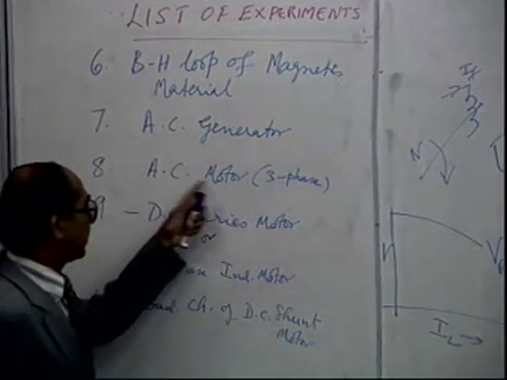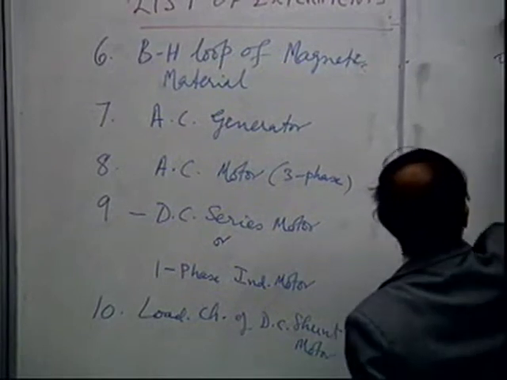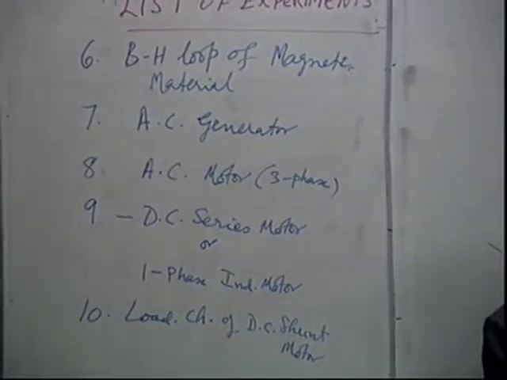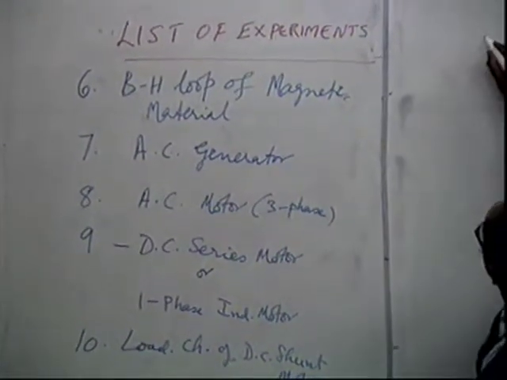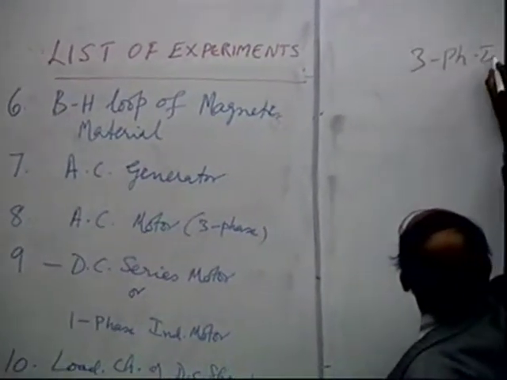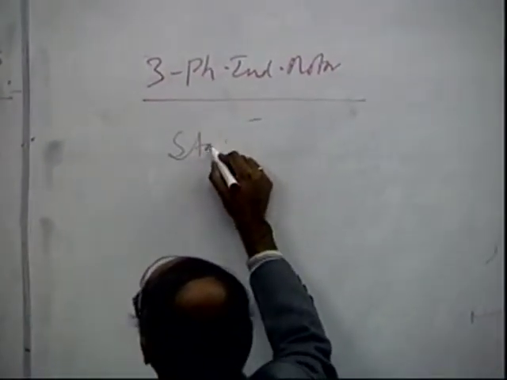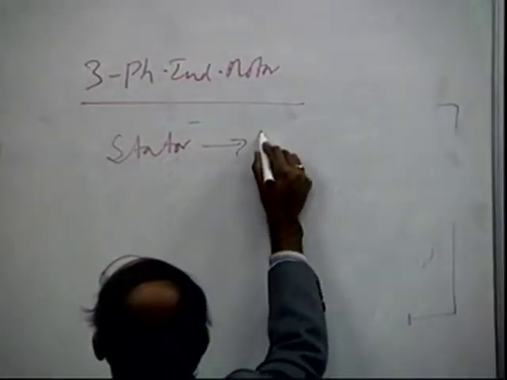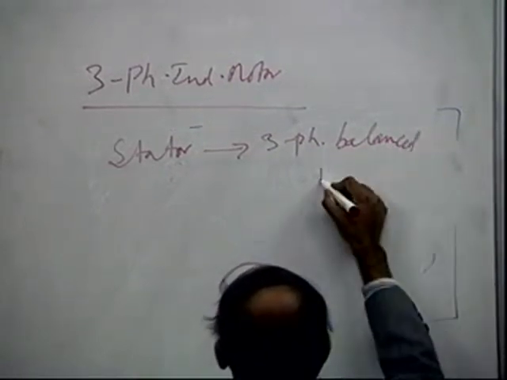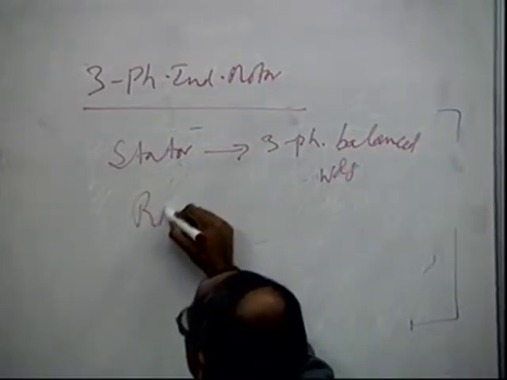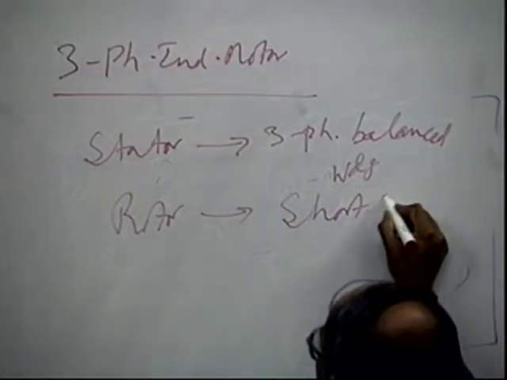Then there is the three-phase AC motor, or induction motor. That is the next experiment. The induction motor normally has a stator with three-phase balanced windings, and the rotor has short circuited windings.